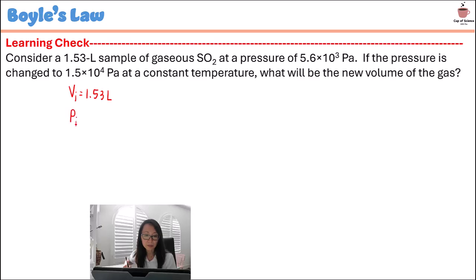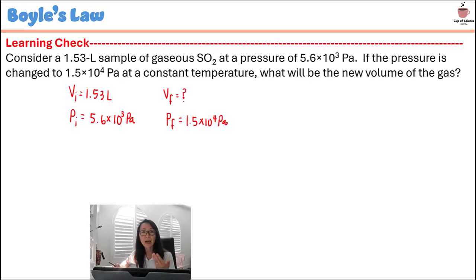Initially, pressure was 5.6 times 10 to the third Pascal. Then it says the pressure changed. So that's my final pressure, and that changed to 1.5 times 10 to the 4 Pascal. And it's asking for what is the final volume.